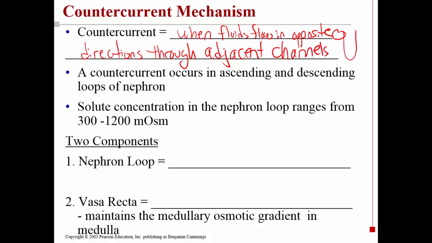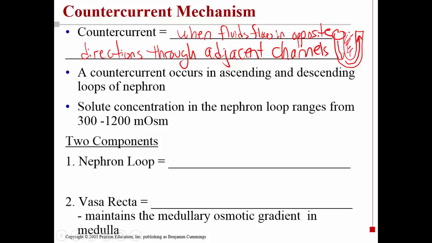Let's say this is a river. This is a river right here. Here's the land in the middle. The water is flowing in this direction in this part of the river, and then it's flowing in the opposite direction in the adjacent section. So again, fluids flowing in opposite directions through adjacent channels.